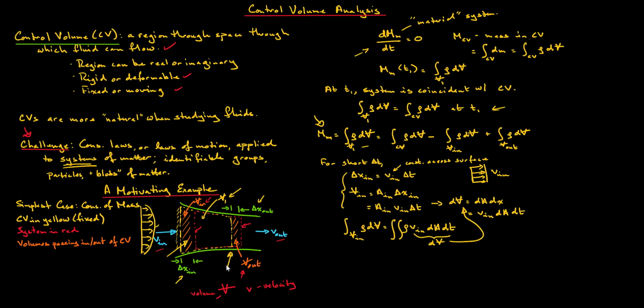Now, the overall mass of the system is equal to the mass at time t1, which is the mass of volume 1, which is the mass of the CV. But we can also describe it at time t2 as the mass within the CV minus the mass that was previously occupied in the volume defined by V in, plus the mass that is occupied by the volume V out.